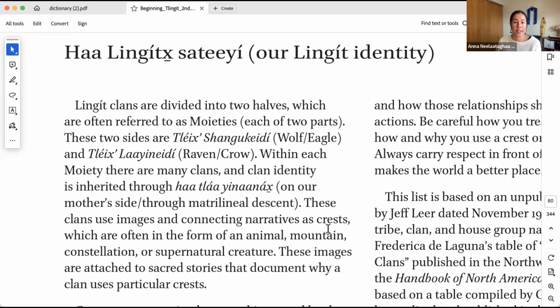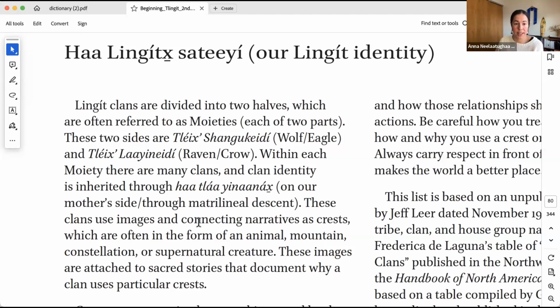Ha Tlingit Sitee, our Tlingit identity. Tlingit clans are divided into two halves, which are often referred to as moieties, each of two parts. These two sides are Tleik Shangukedi, wolf, eagle, and Tleik Tlayinedi, raven, crow.